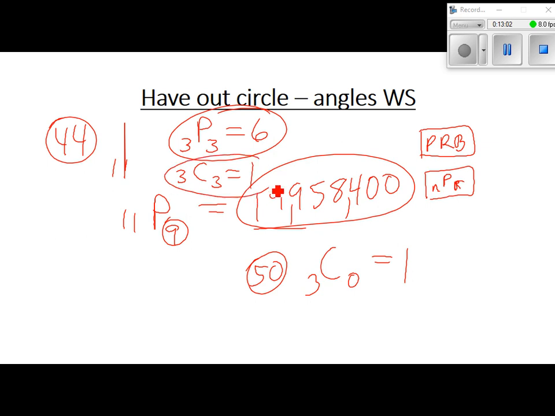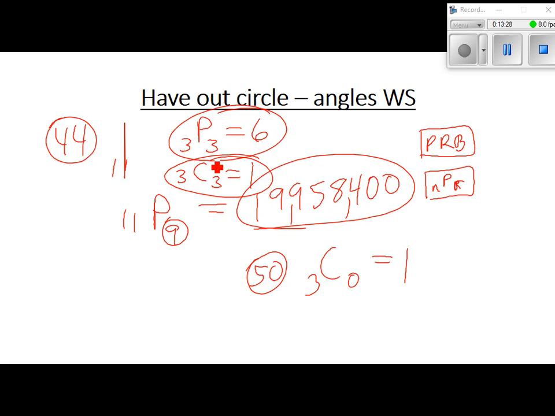Hopefully this will help you understand permutations and combinations. Forget these 2 books are even here. They don't count. I've got these 3 books. Permutation says, how many different ways can I situate them on the shelf?